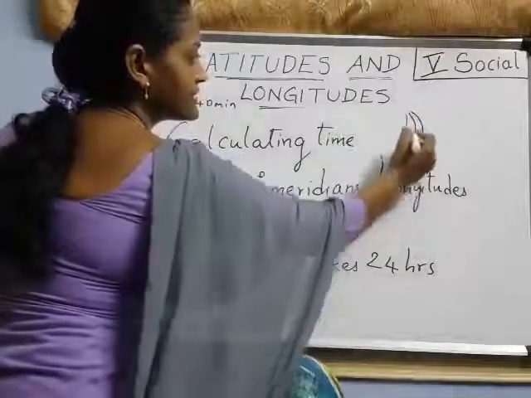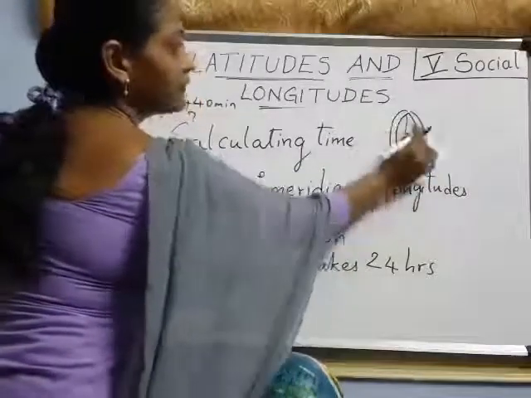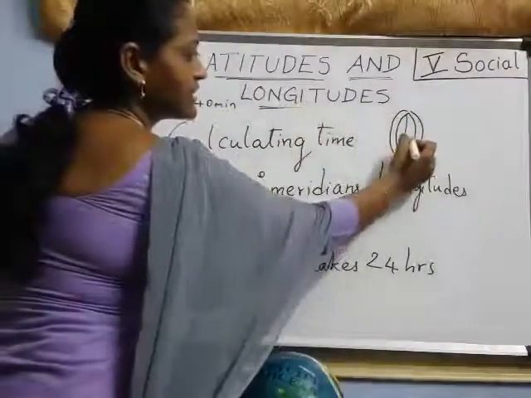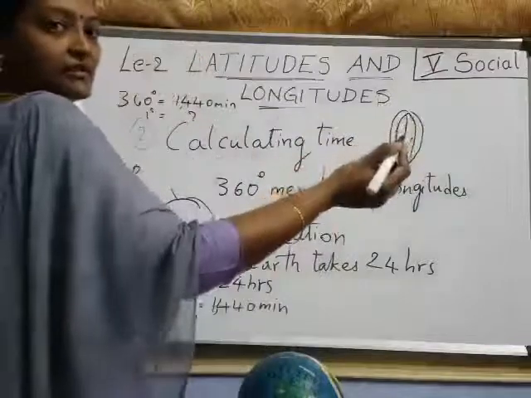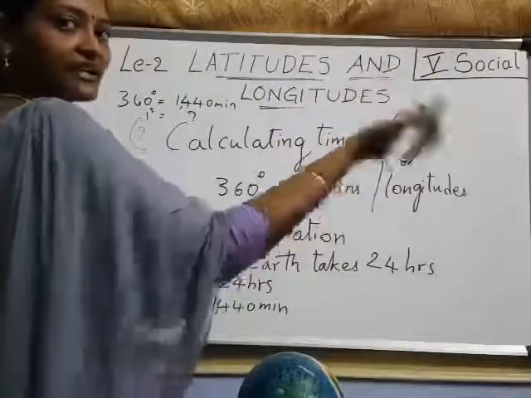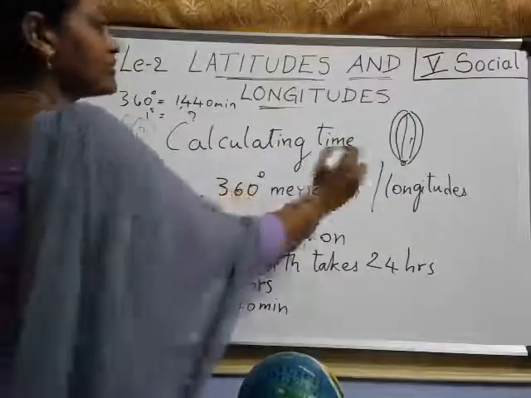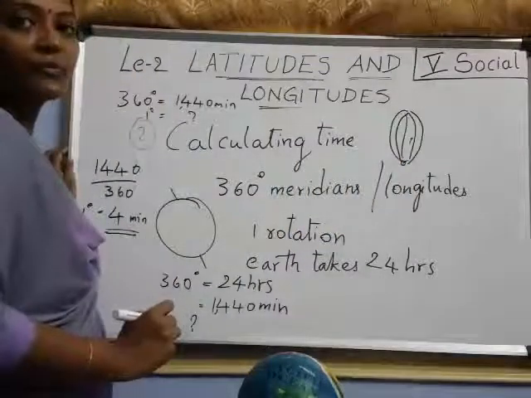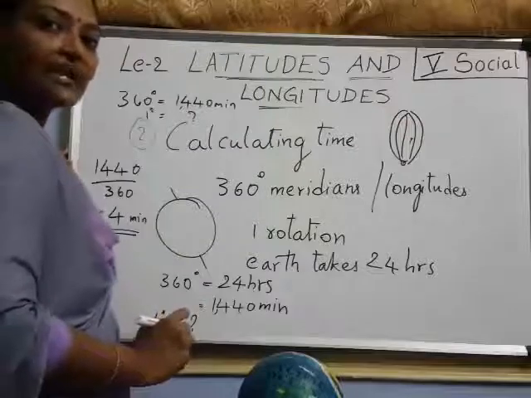Longitudes are like this. This is 0 degrees, the next line is 1 degree. 180 degrees towards the east side and 180 degrees towards the west side, I said. So for each degree, how many minutes did we take? 4 minutes. So that we can calculate time also.